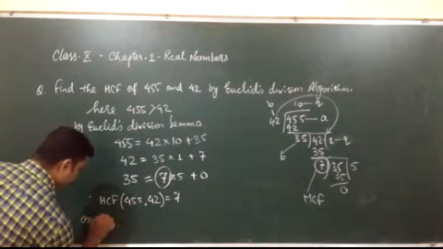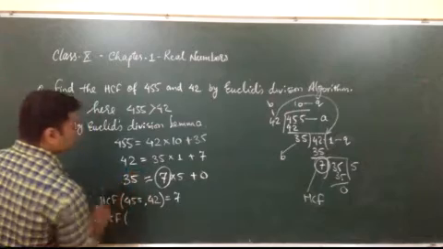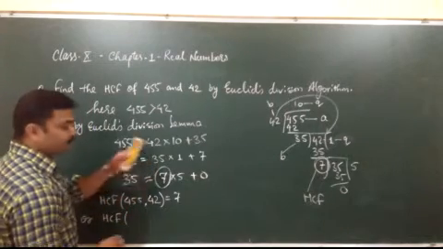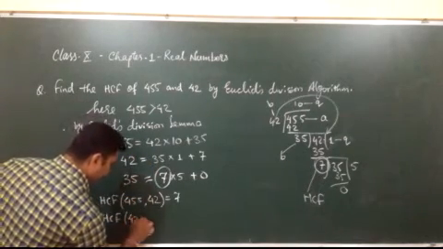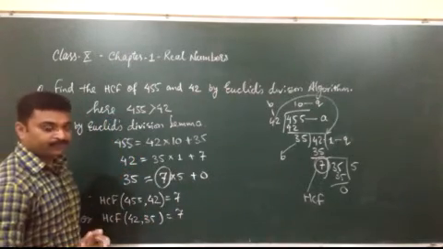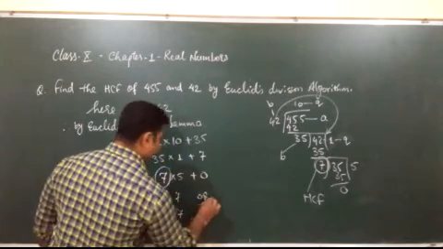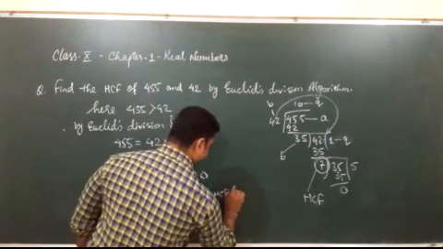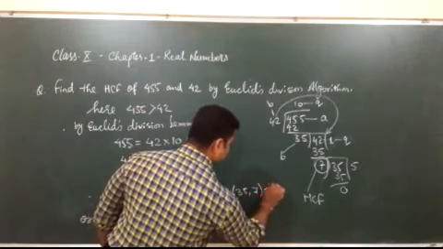We can also write that the HCF of 42 and 35 is 7, or the HCF of 35 and 7 is also 7.